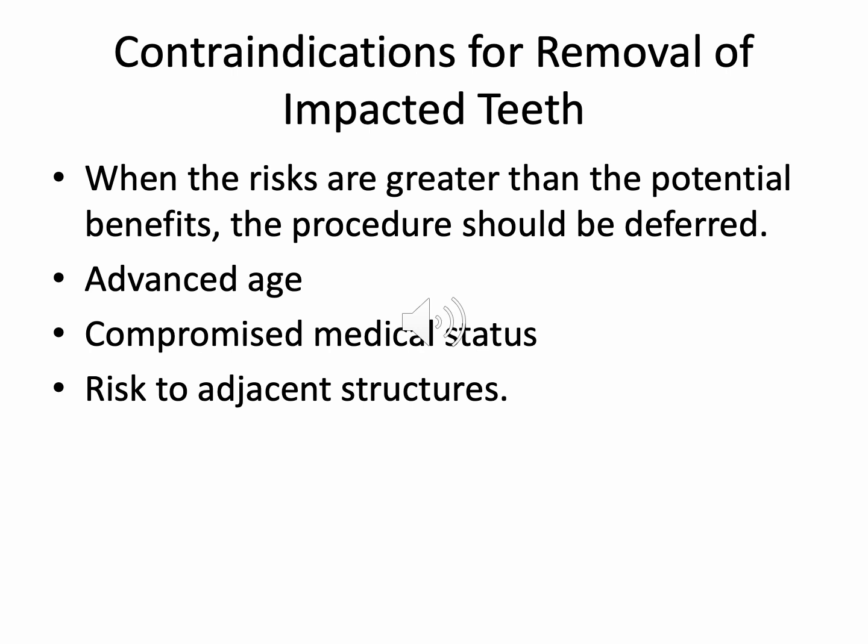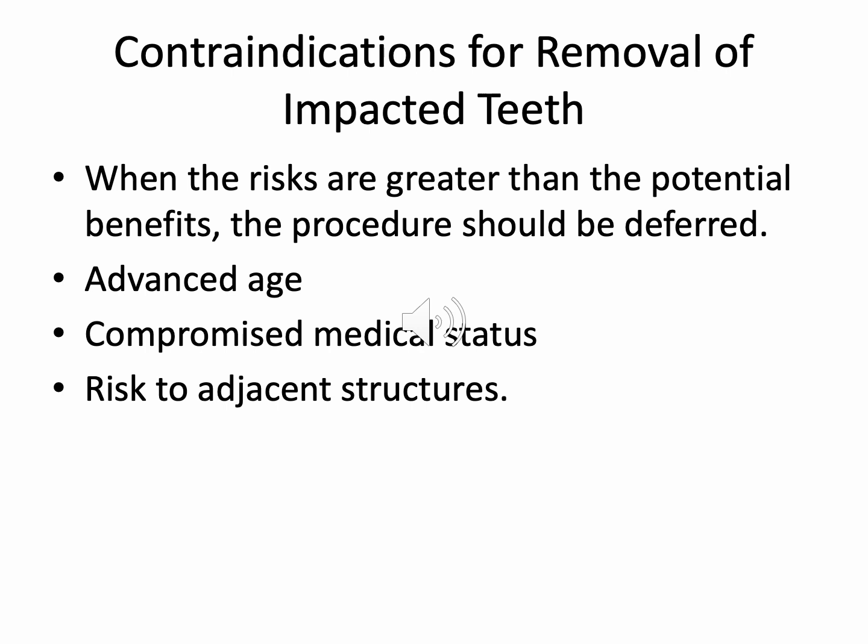Contraindications for removal of impacted teeth. So contraindications for anything: when risks outweigh the benefits. Patients too unhealthy to undergo the procedure. Risk to adjacent structures. So the first and the last sort of go together.